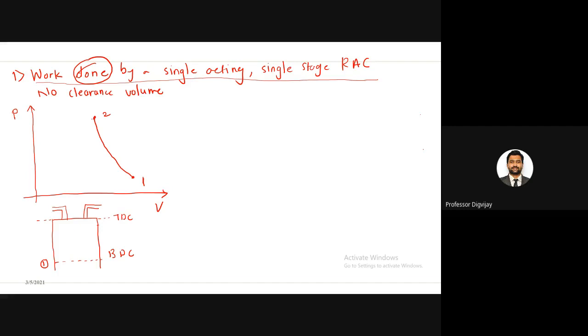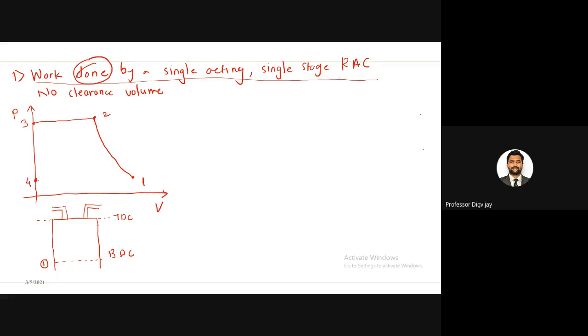Then there is process 2 to 3, constant pressure delivery, point 3. So at point 3, all the compressed air is delivered, or it is stored in the receiver. Now there is another process, 3 to 4. So point 4 will be here. At point 4, enough suction pressure is created inside the cylinder and the air is starting to move in.